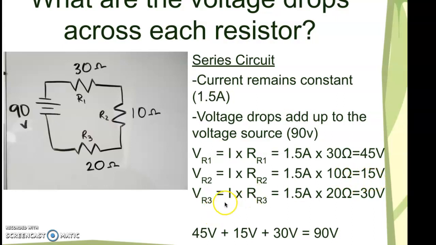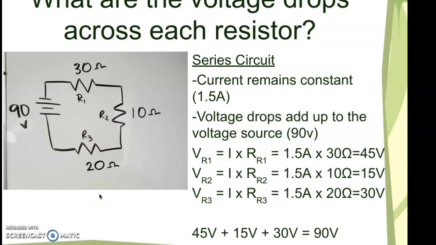And then our final spot, current times our third resistor, so 1.5 amps times 20 ohms, gives us our 30 volts. So let's check to make sure that's right. We add up those 3 voltage drops, and it should equal the voltage of the battery. And in fact, it is. So that's how I know I did it right there.